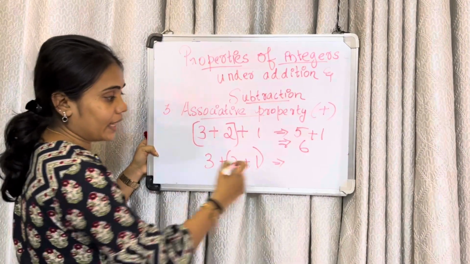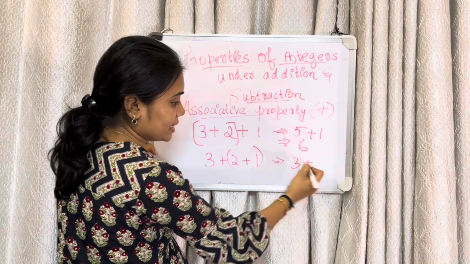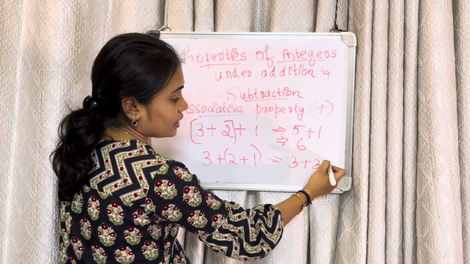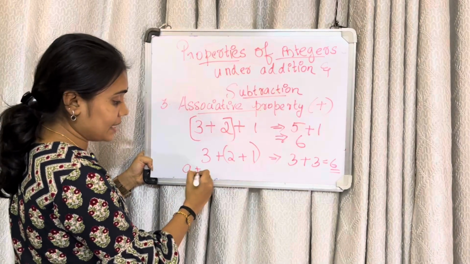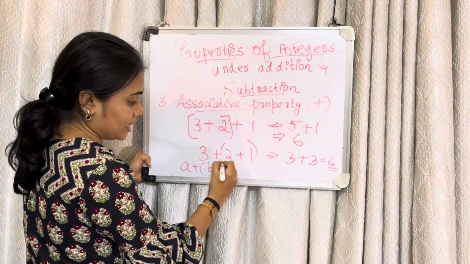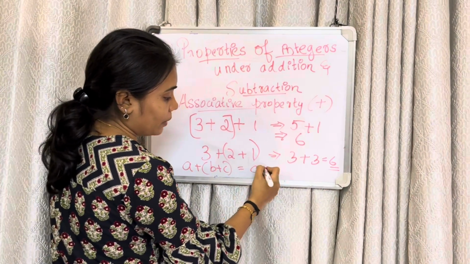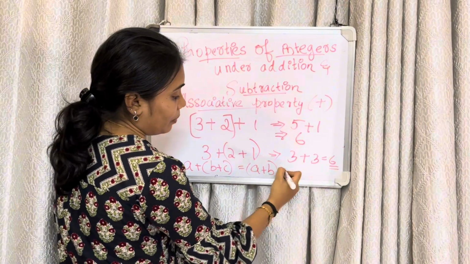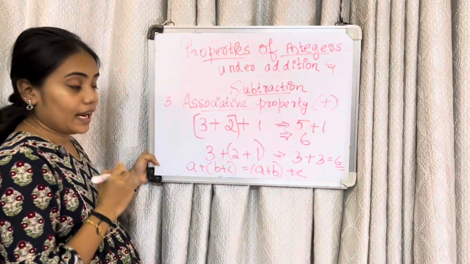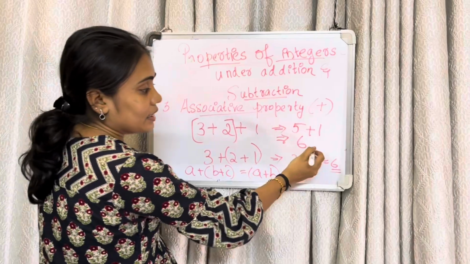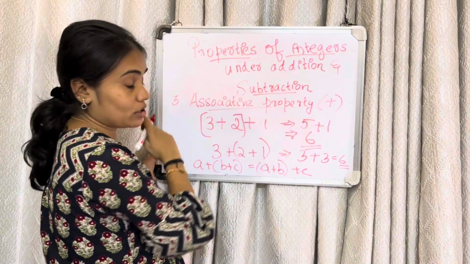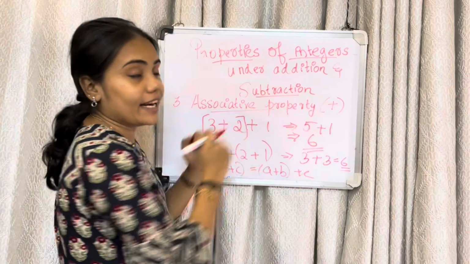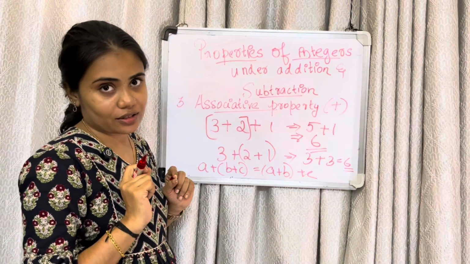Again I get 3 plus 2 plus 1, 6. So what is the rule? A plus B plus C is equal to A plus B plus C with the brackets moved. Here also look, we are getting the same answers. So associative property under addition is satisfied.